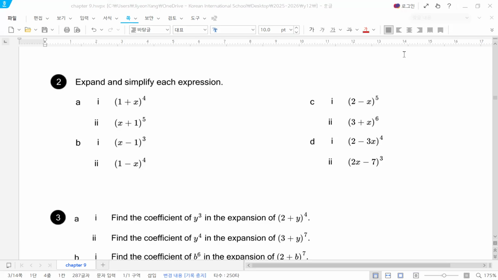Okay, students, I just wonder if you remember the coefficient by using Pascal. 1, 4, 6, 4, 1. Please write down 1 and always this number, okay?